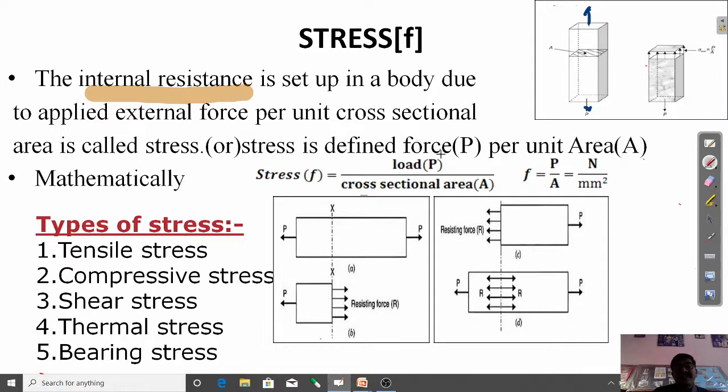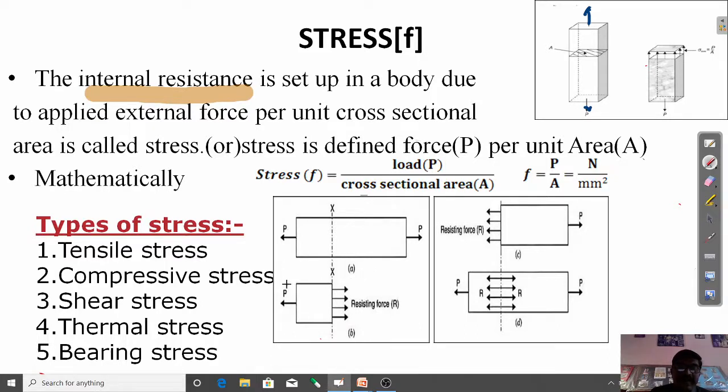Why we have taken load P instead of internal resistance R? To know about that, let us take a bar where it is subjected to two pulls, and when we take a section along x-axis 2, we know that to this applied load a resistance force R is set up on the right side.